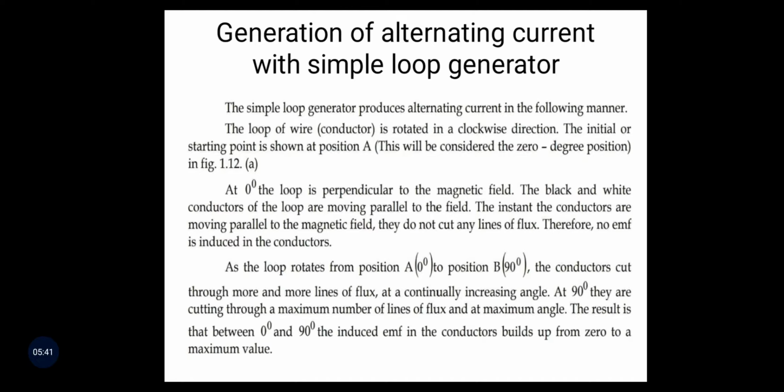At 90 degrees, they are cutting through a maximum number of lines of flux. The result is that between 0 and 90 degrees, the induced EMF in the conductors builds up from 0 to maximum value.